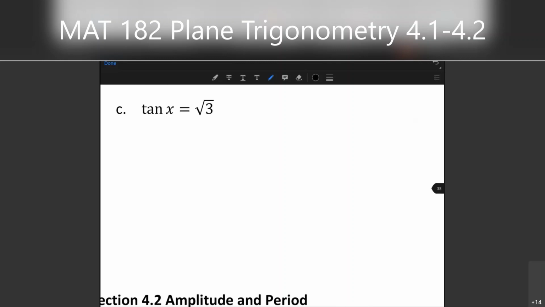I'd like to have you guys think about putting some input into this. So I'm going to put you guys into some breakout groups through WebEx here. And you guys are going to be able to sketch this out and talk to each other about the solutions for tangent equal to the square root of 3. So let me put you guys into breakout groups, and then we'll do this for maybe 7-8 minutes or so.